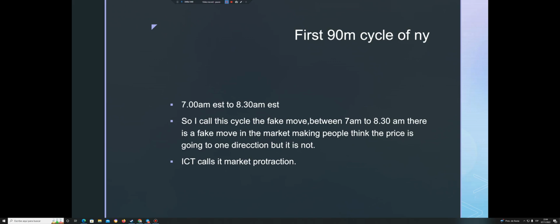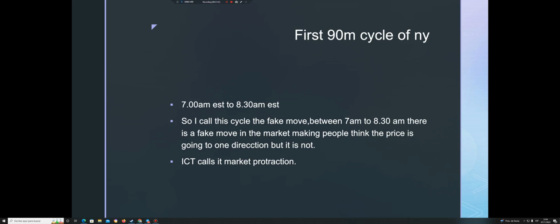So basically between 7 a.m., 7:30 until 8:30, what the CLS does is move the price in one direction, and then at the second cycle of New York, there is the real move.